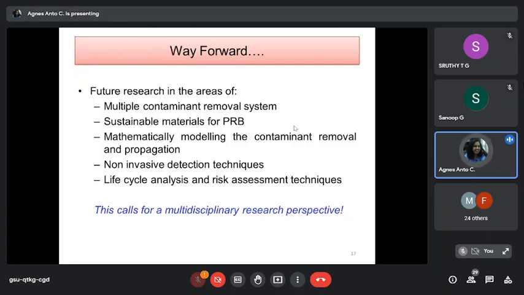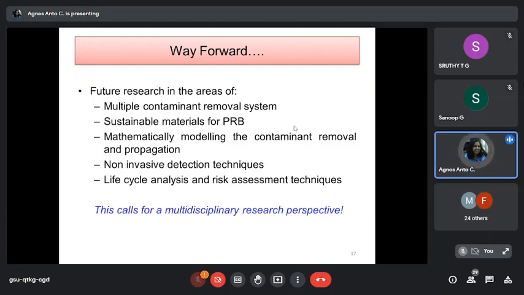Next is life cycle analysis and risk assessment techniques. Right from the inception of the material in the PRB until its end life and its disposal, you should study what the risk assessment involved is, and the impact on the geo-environment.